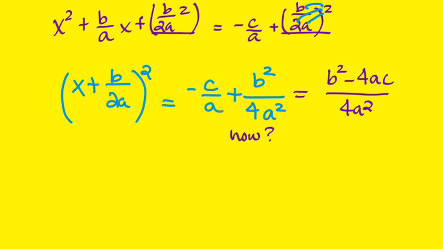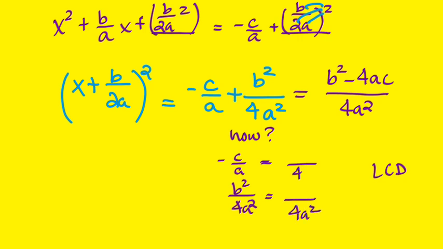I get my common denominator. How can I do that? I get the common denominator of 4a squared, right? Which means on the top number, I need to multiply by 4 and an a, right? What I do to the bottom, I do to the top.